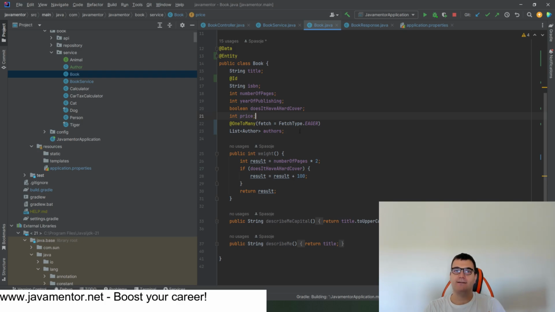And then data about authors are not sent through the network, and we are not spending bandwidth for nothing because we will not use that authors' data. If your use case is that you usually need those authors' data, well, then you need to go with this eager strategy and fetch those authors at the same time when you are fetching book.